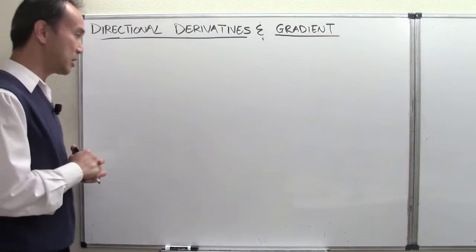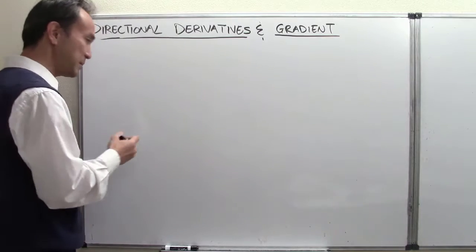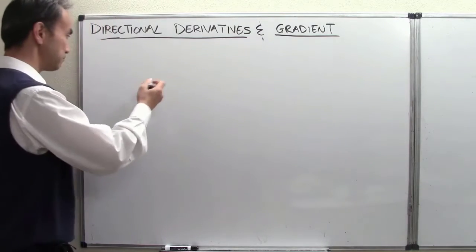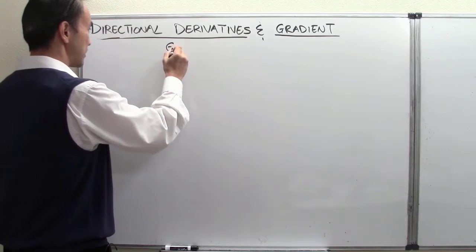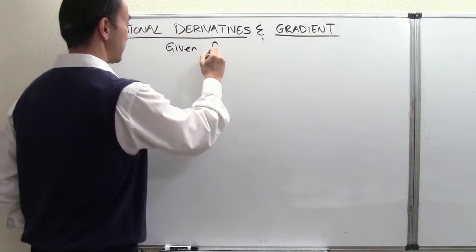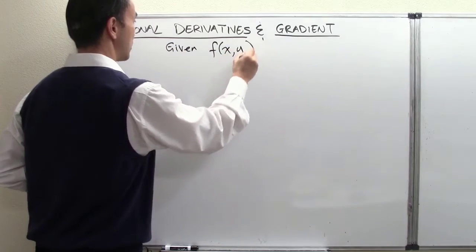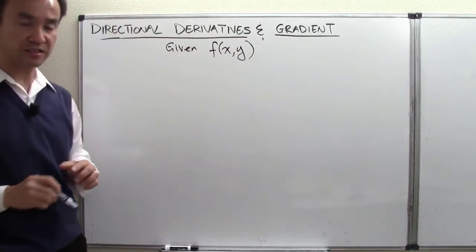So now let me recall some past understanding. Just like I was saying earlier, I'm going to focus on a function of two variables. So let's have a given function f of x comma y.